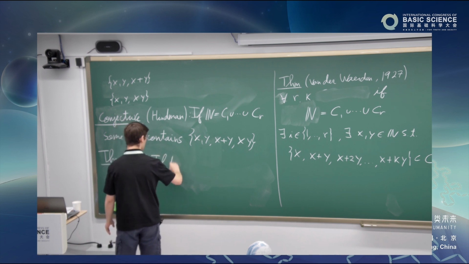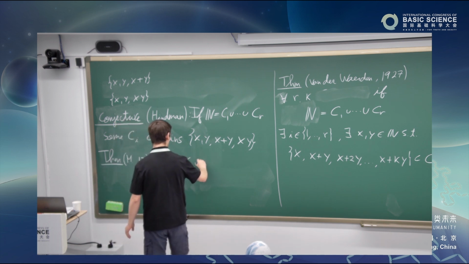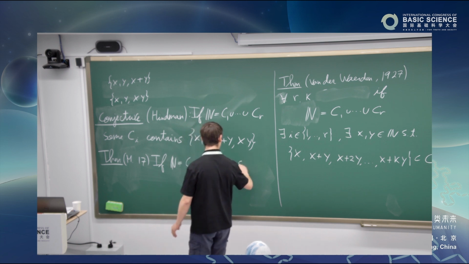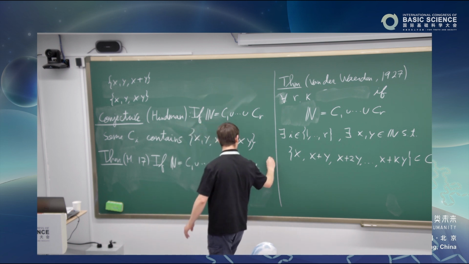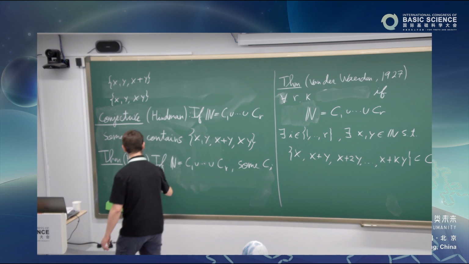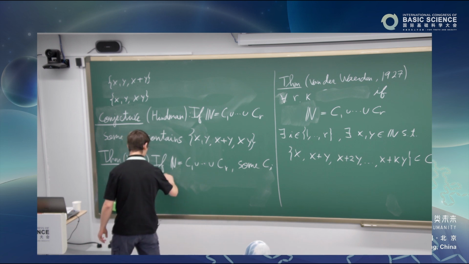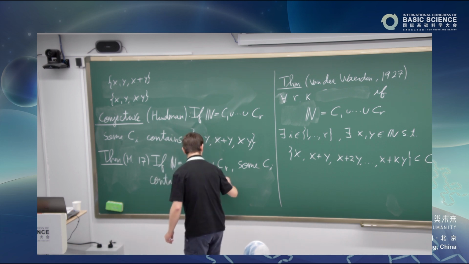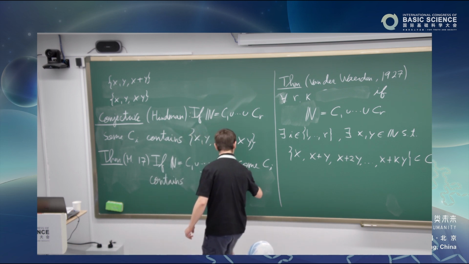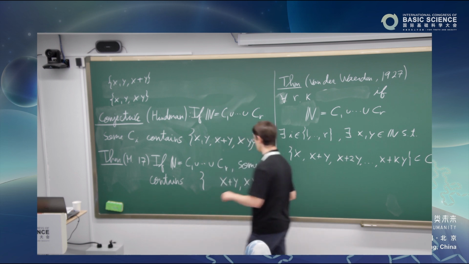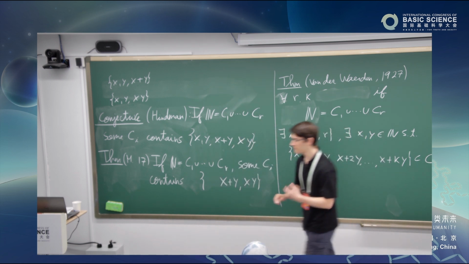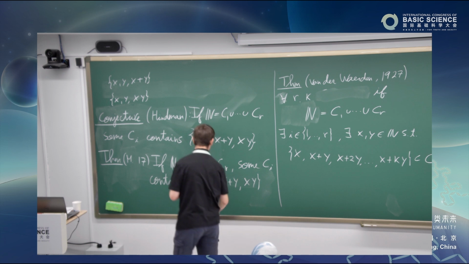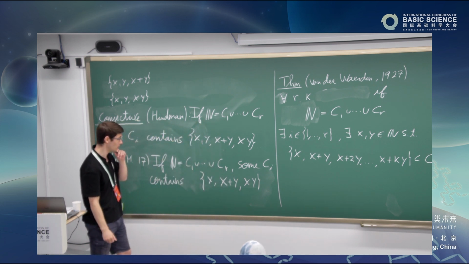If the natural numbers are colored with finitely many colors, some color Ci contains x, y, the sum x plus y and the product x times y of two numbers. And in fact, I can also promise x will be in the same color.